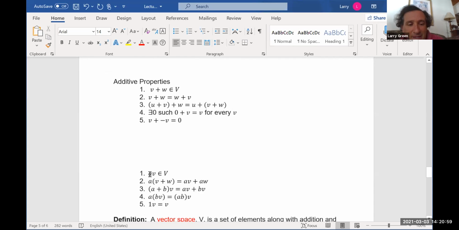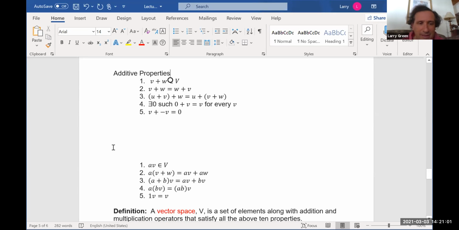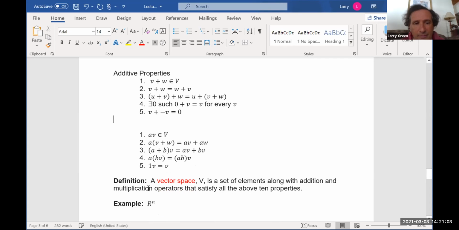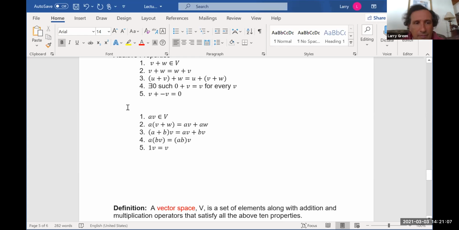Okay, and then the multiplicative properties, let's write those in. And they say the following. First, if you take a scalar and you multiply, then you stay in it.